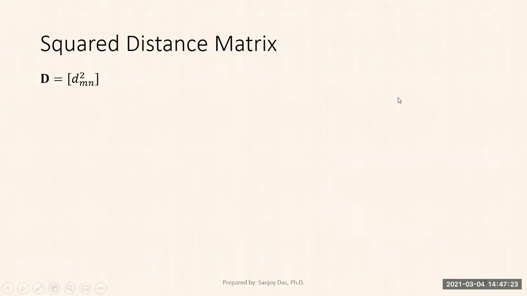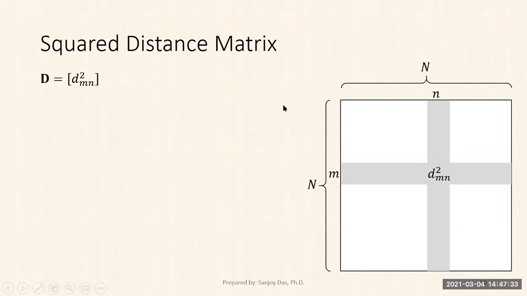Okay, next we define another matrix, the squared distance matrix, D. Remember it's squared. So this is the squared distance matrix. It's also another n by n matrix.